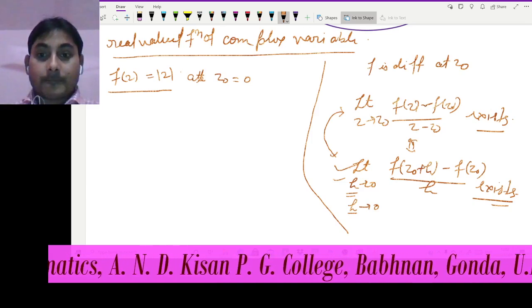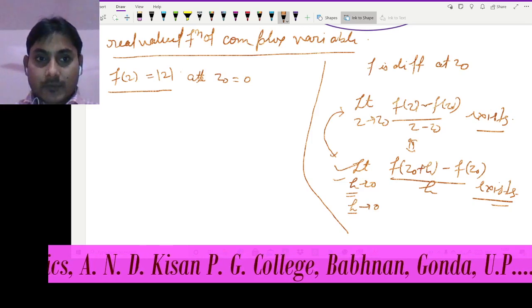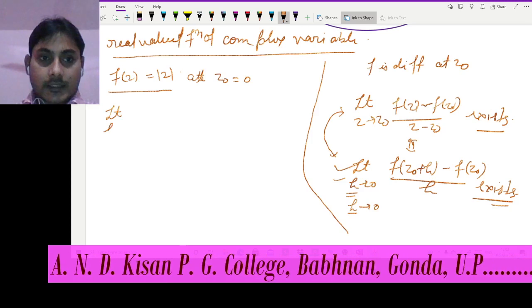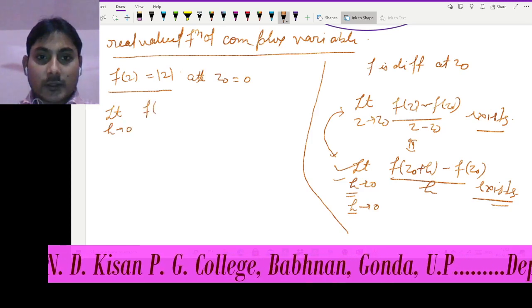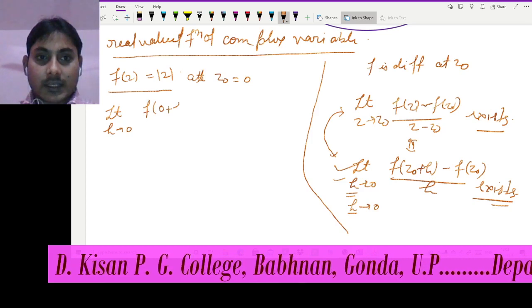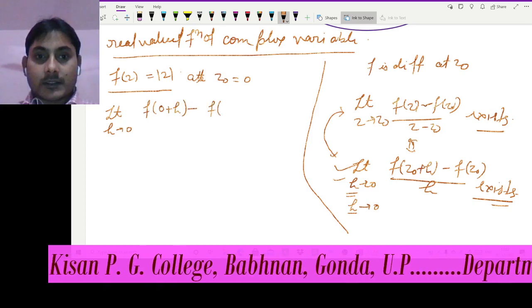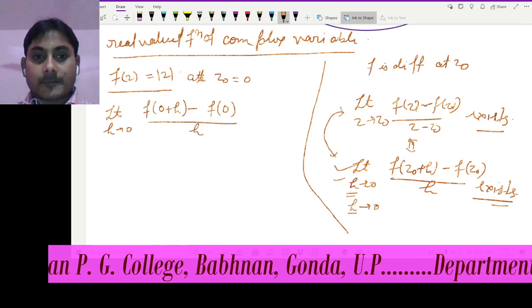So I'm putting here, let's suppose, the definition. In the definition I'm taking this limit h tending to 0, f of z naught, here 0, plus h, minus f of 0 upon h.